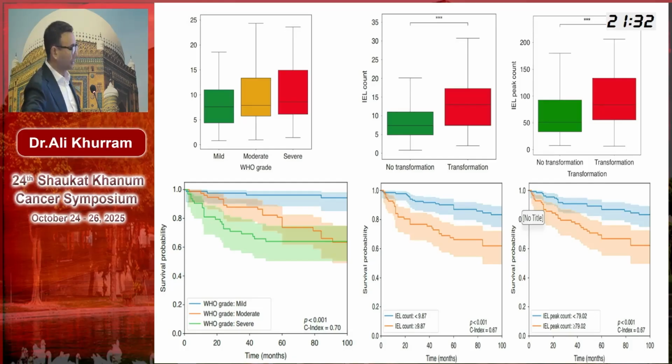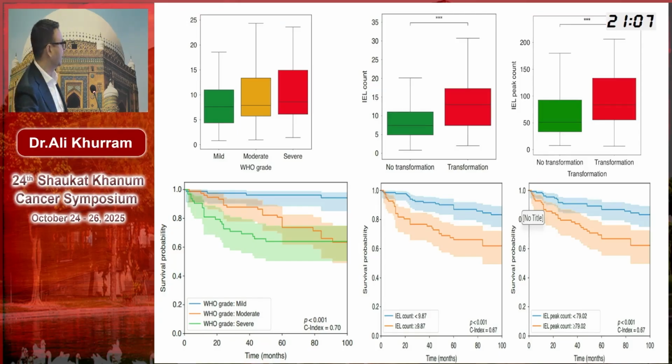And what it looked like was that these intraepithelial lymphocyte scores, whether they were across the slide or in the peak areas, were significantly better predictors of whether a lesion was going to transform and become malignant than WHO grades. If you look at the survival curves here as well, there's a better separation between mild dysplasia, but then moderate and severe dysplasia get all muddled up.